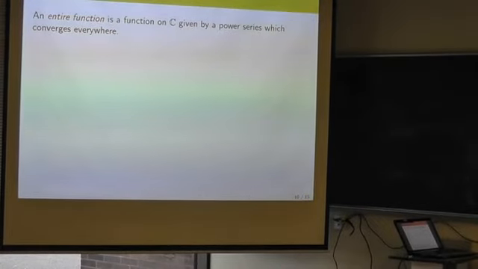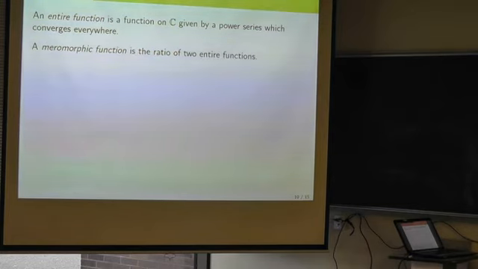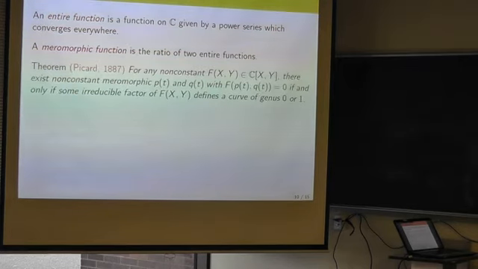Complex analysis. So, complex analysis for non-analysts, if I can be allowed to do this. An entire function is just a function given by a power series that converges everywhere. A meromorphic function is the ratio of 2 entire functions. Don't divide by 0. And then there's Picard's theorem, which is awesome, 1887.